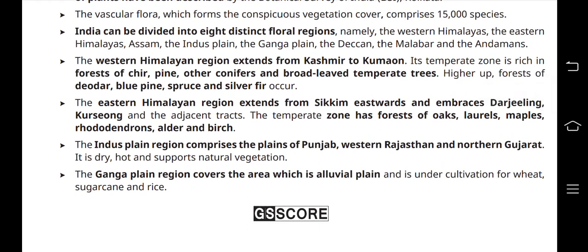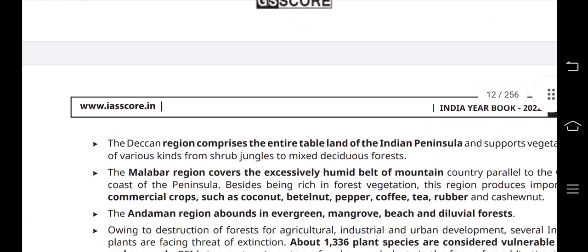The Indus Plain region comprises the plains of Punjab, western Rajasthan, and northern Gujarat. It is dry, hot, and supports natural vegetation. The Ganga Plain region covers the area which is alluvial plain and is under cultivation for wheat, sugarcane, and rice.